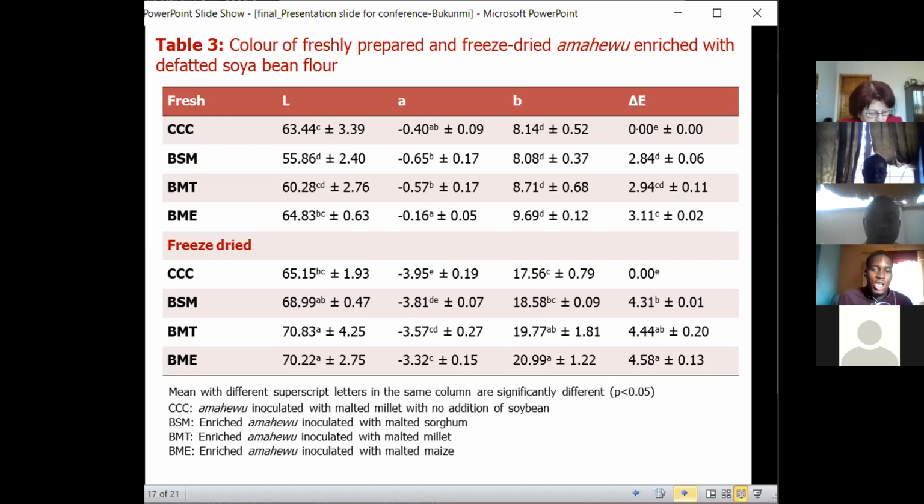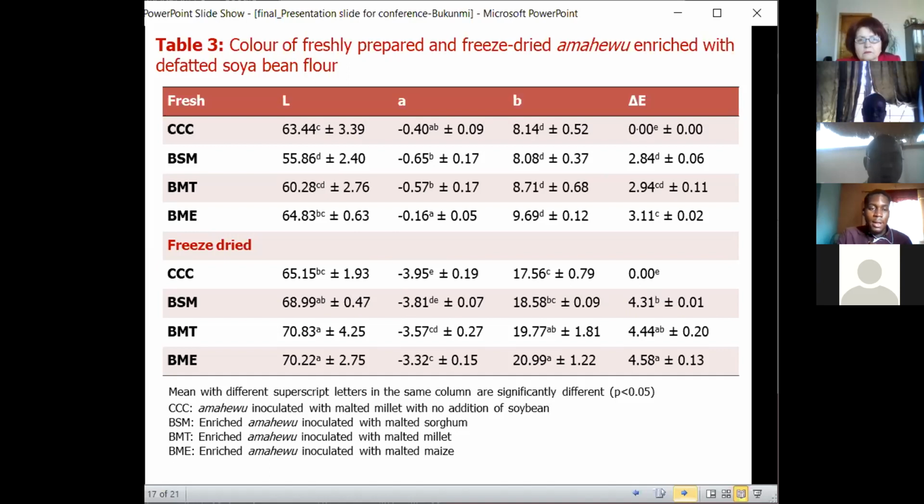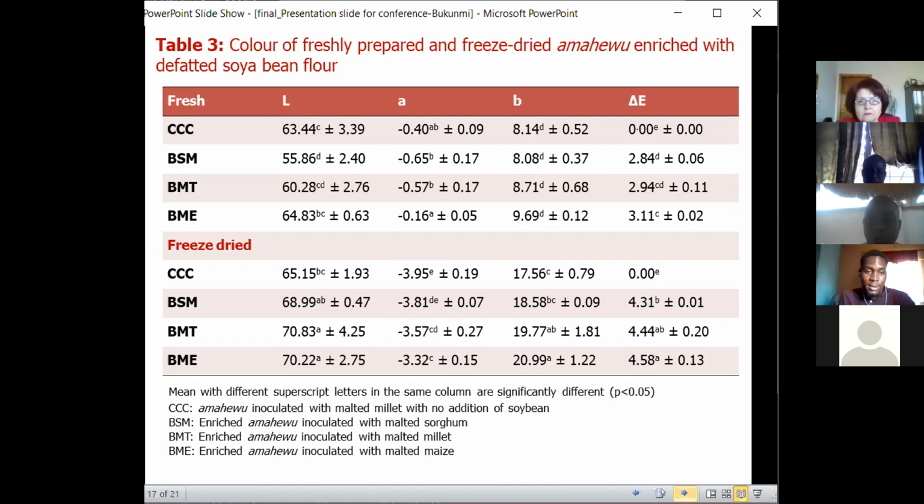The color change was higher for the freeze dried sample than the fresh samples. The samples did not show any significant difference because of the malt added. There was no difference.